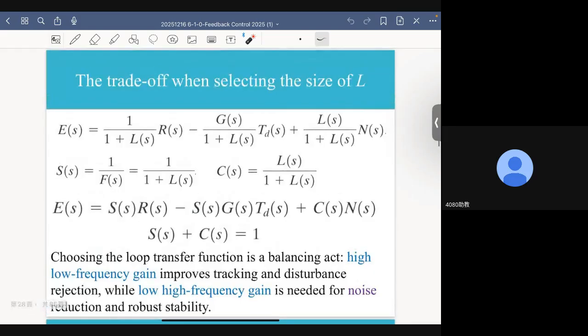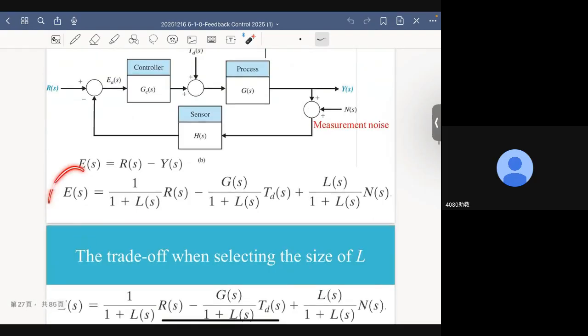Okay. Now, let's look at a possible way. Let's study how to find a way to minimize or to reduce at least this output error.